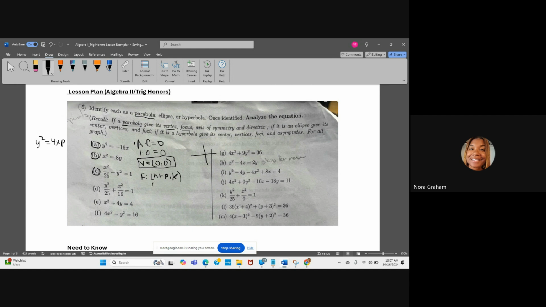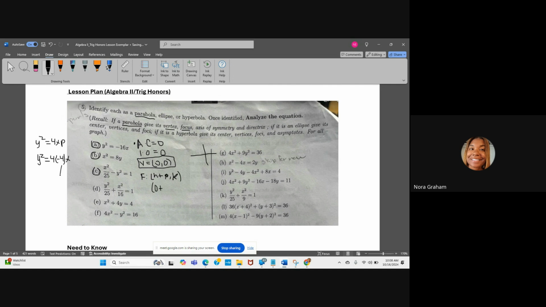We know h is 0. And we know our p. So 4p is going to be multiplied by this 4. Let's think of a different way to write this negative 16x by pulling a 4 out. If we do want to write that, it's going to be y squared equals, that 4 has to be there, 4 times negative 4 will give me negative 16, and then multiply by that x.